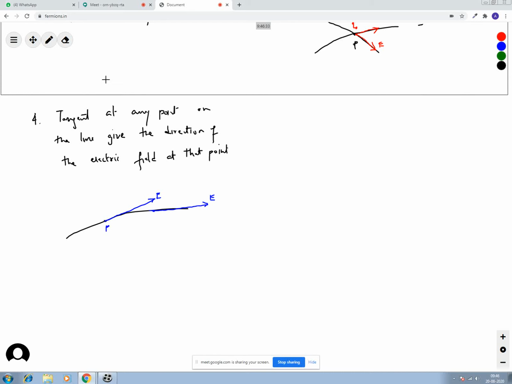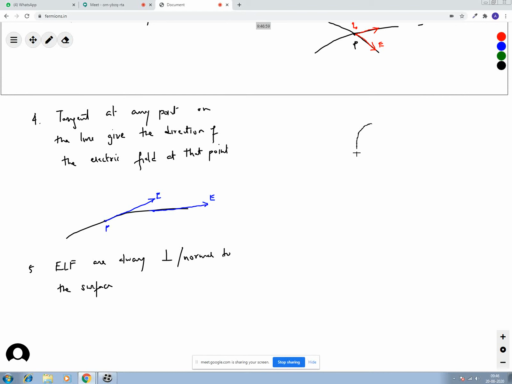Now another important point, electric lines of force are always perpendicular or normal to the surface, whatever kind of surface. I'll show you.